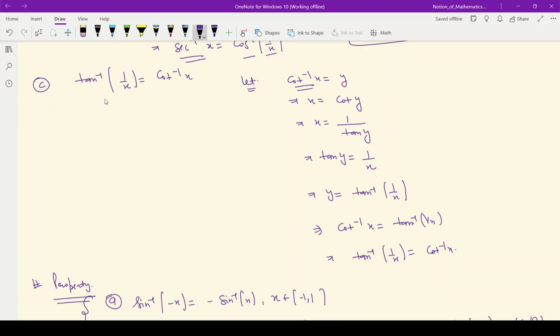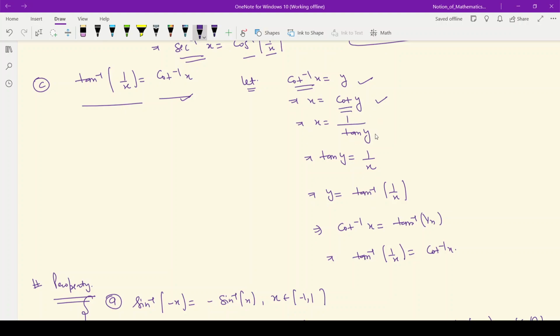Thereafter I am talking about the third property. Tan inverse 1 by x is cot inverse x. For this purpose I have taken the RHS, right hand side, equal to y. Cot inverse x is y, or x is cot of y.